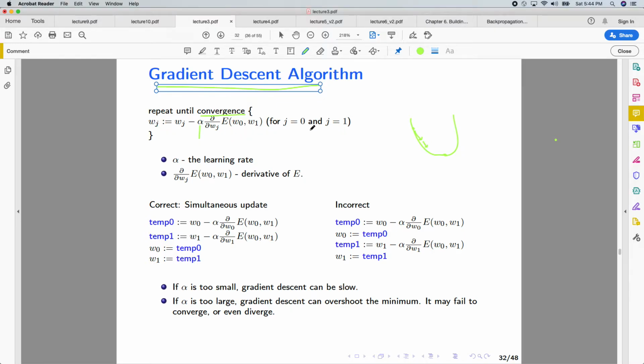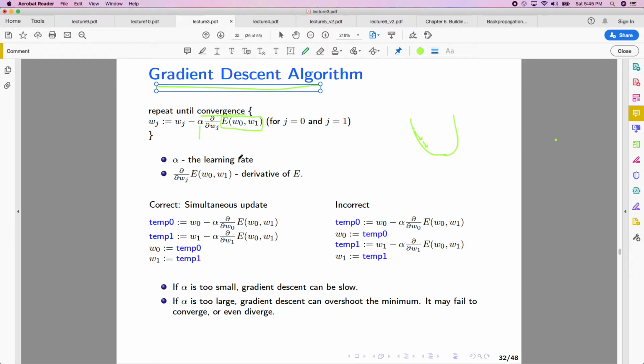We do the same for the second weight, which is W1. Do the partial derivative of the total error with respect to W1. You will see here that this contains the entire error with respect to W1 multiplied by alpha, and we subtract it from the current W1 and replace it with the new value.